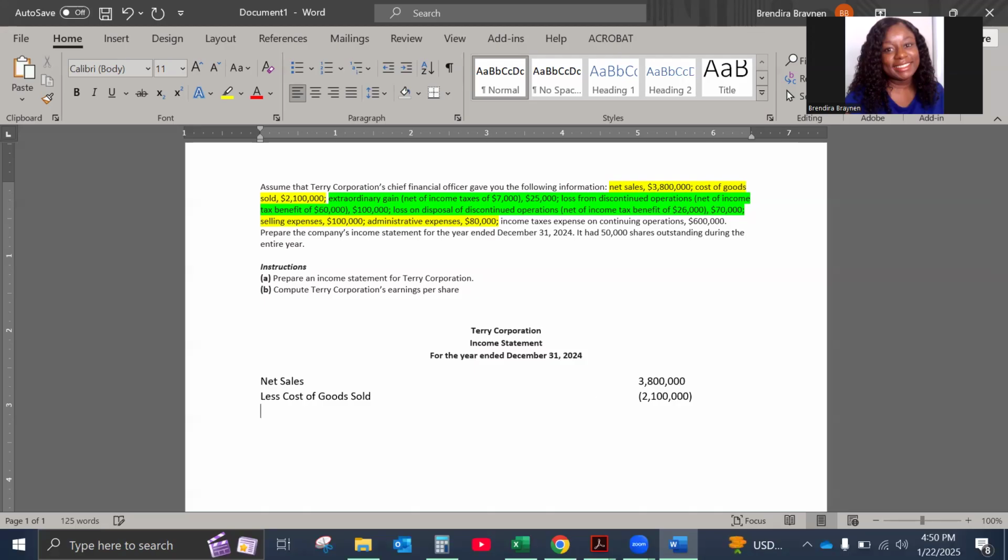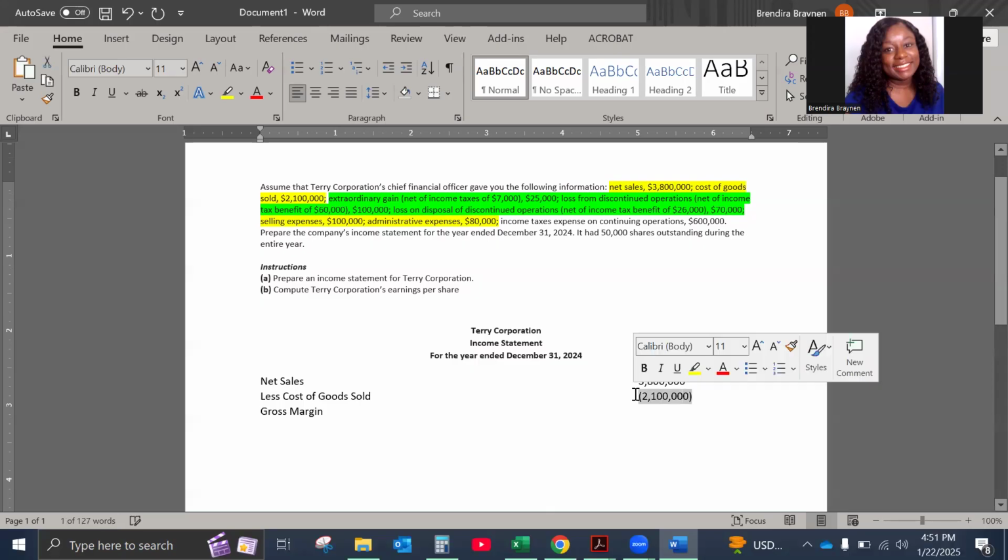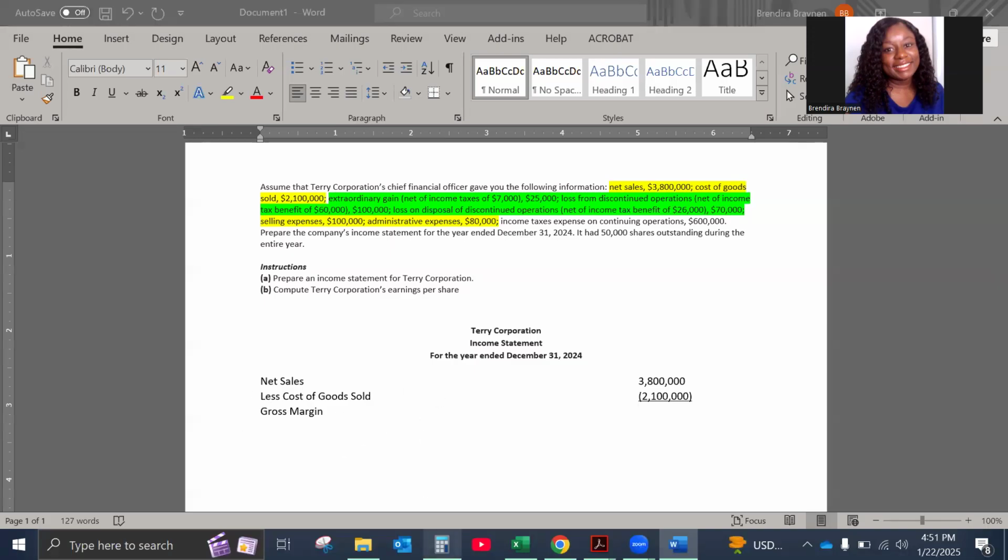And so after that, we should know that net sales minus cost of goods sold is our gross margin. Now, keep in mind, they do not have to include this information all the time. You work with what they give you. You should remember from previous accounting classes that gross margin is this particular formula, and of course, you get extra points for even remembering all of it.